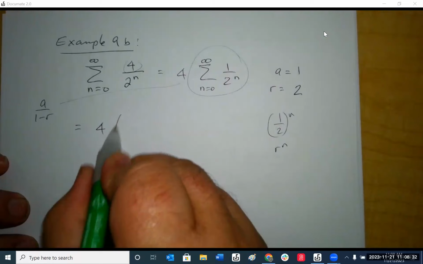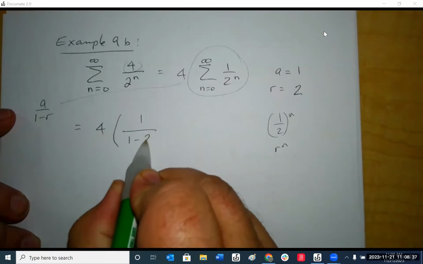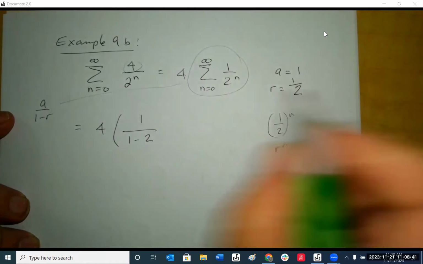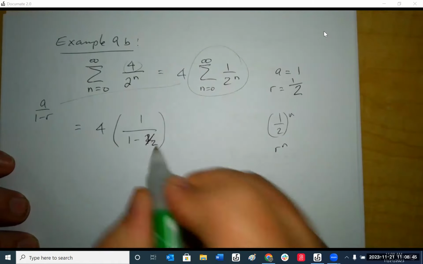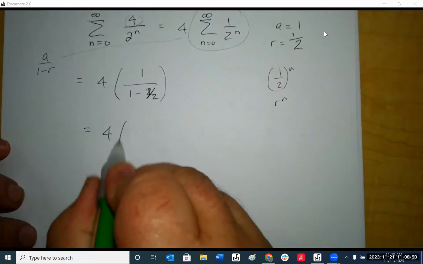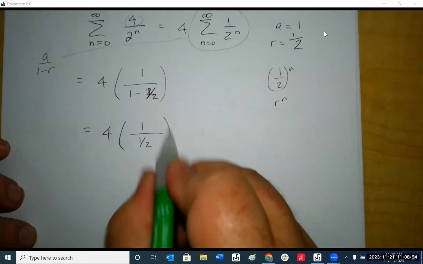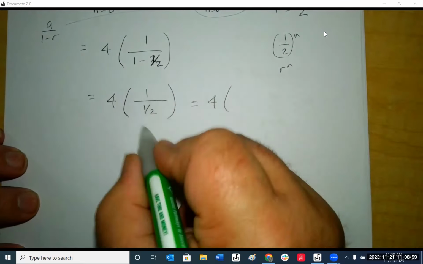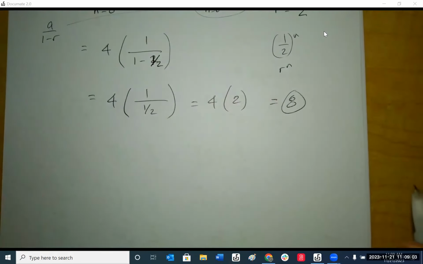So we have 4 times a, which is 1, over 1 minus, not 2, it's 1/2. One minus 1/2 is 1/2. 1 divided by 1/2 is 2. So the answer is 8.